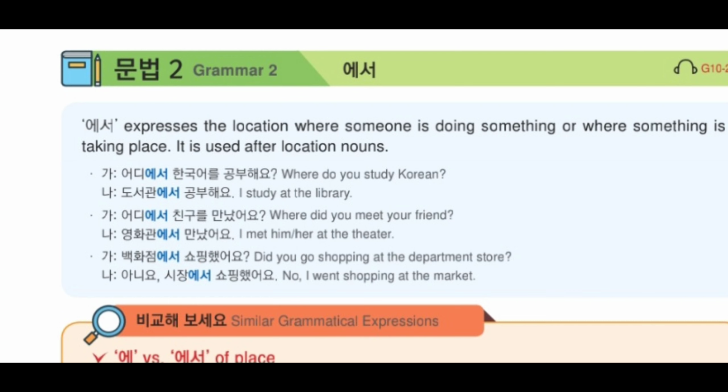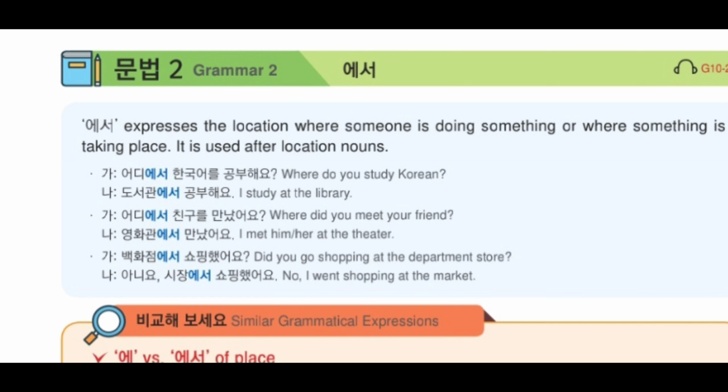Lesson 10, Grammar 2. 에서 is like another preposition, and it's used to mean at a place where you're doing an action. Before, we learned that 에 can mean at, like at a place where you are just there, as in Rihan is in the office.